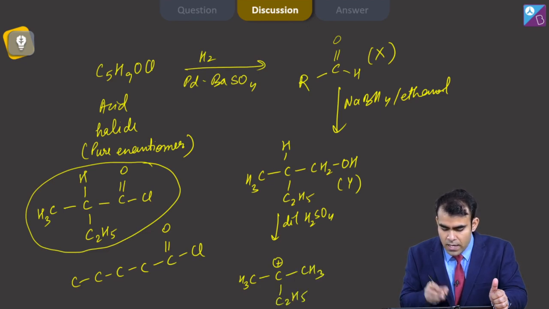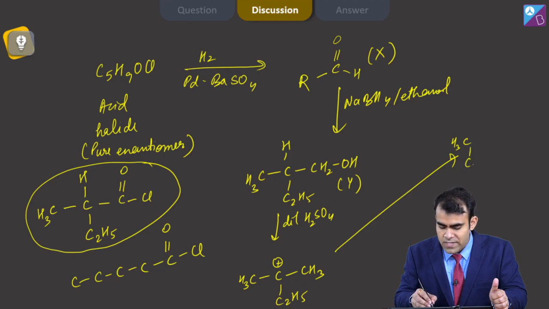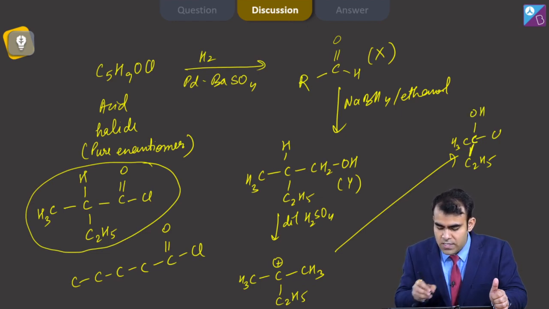And on this carbocation, finally my water will attack, and we obtain CH3, C2H5, CH3. There is one carbon here, there is one oxygen here, and this C2H5 is attached on this carbon, and there is one CH3 here also.